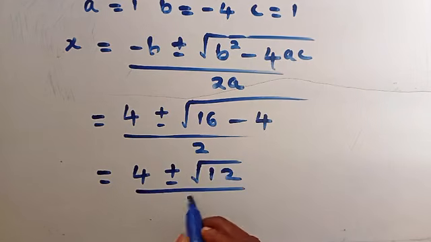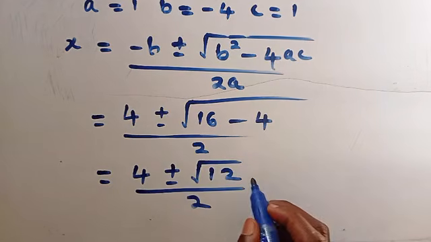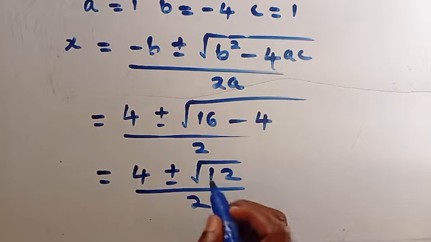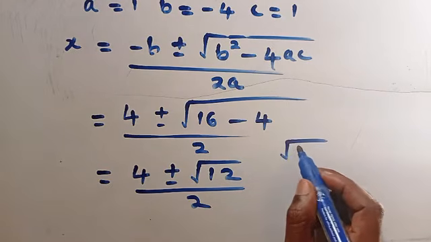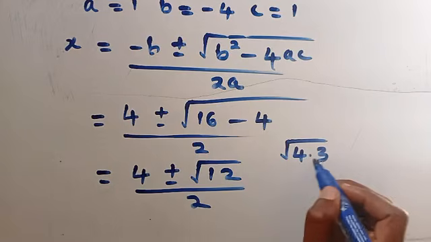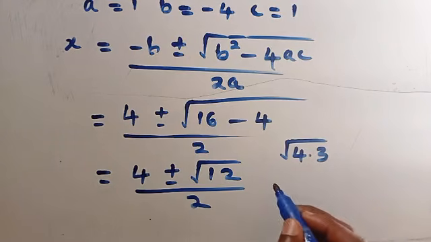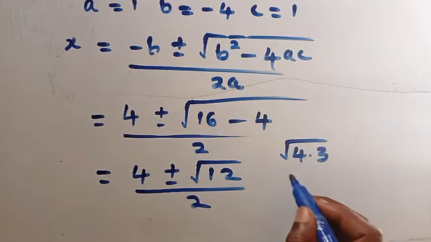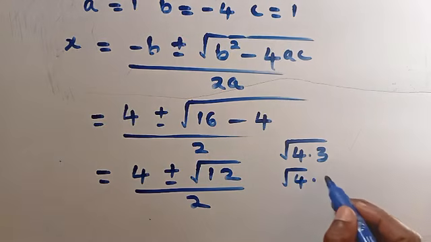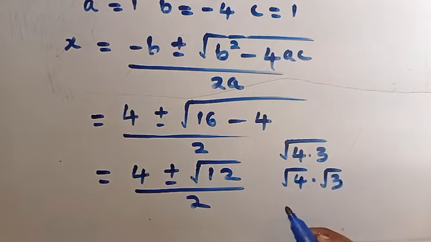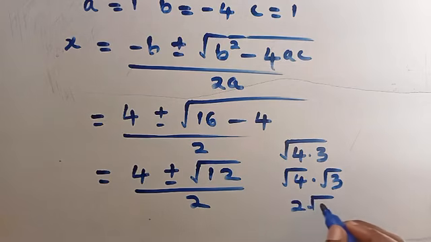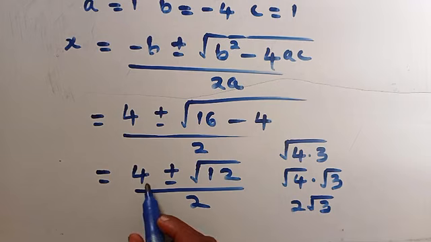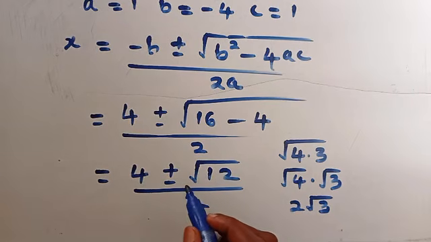But the square root of 12 here, we can simplify as square root of 4 multiplied by 3. In short form, we separate this, and we have square root of 4 multiplied by square root of 3, where square root of 4 is 2, then multiplied by root 3. So the whole of this becomes 4 plus or minus 2 root 3 divided by 2.